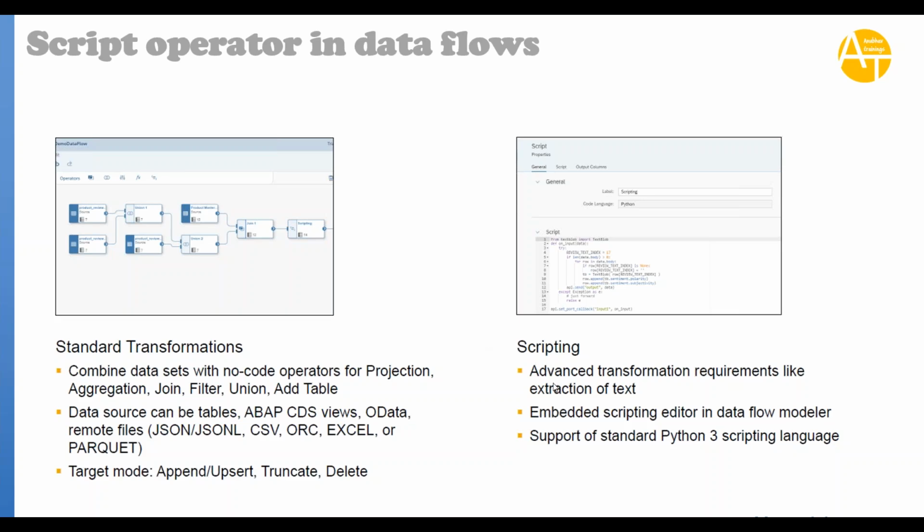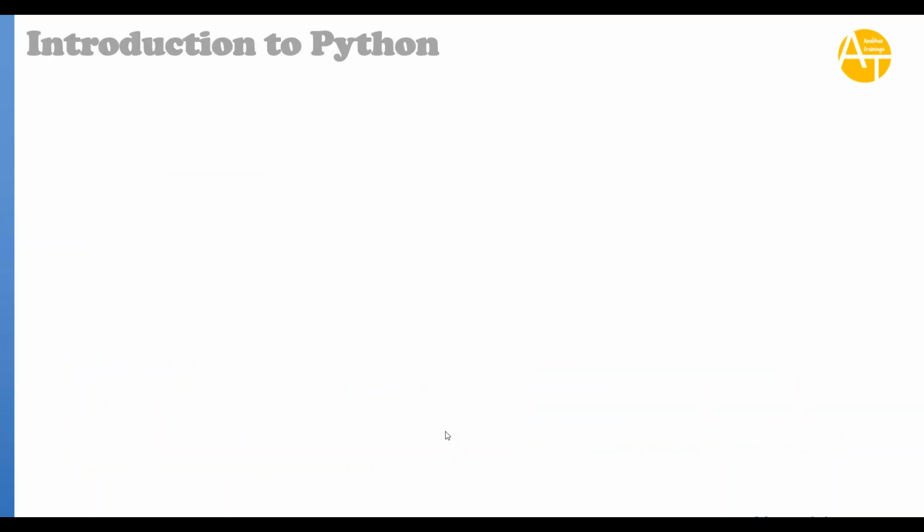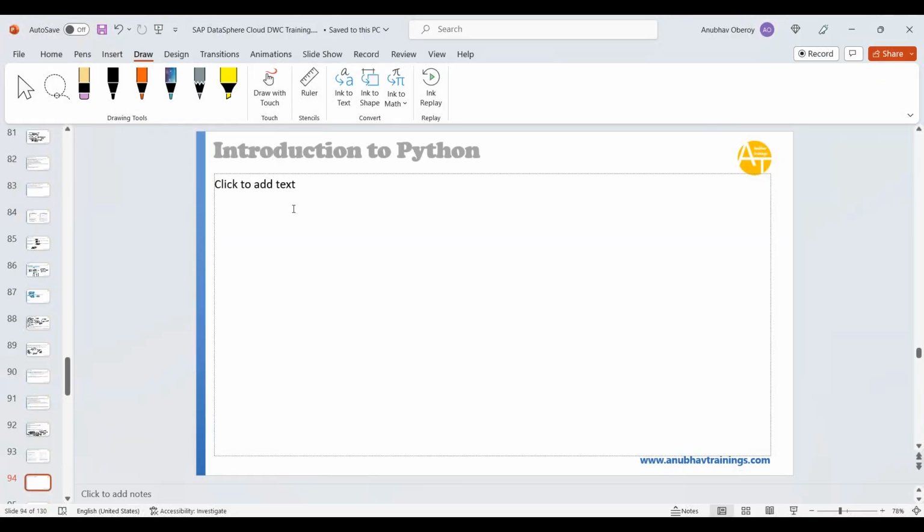Here we have advanced transformation requirements like extraction of text, writing if conditions, writing loops, all of which we can do with the scripting capability. It has an embedded scripting editor in the Dataflow Modeler, which supports the Python 3 scripting language. So what is Python and why do we use Python?